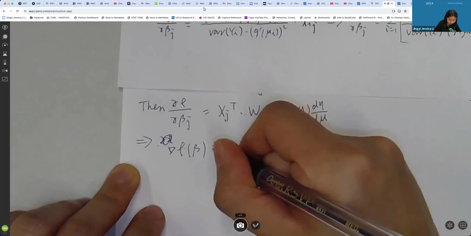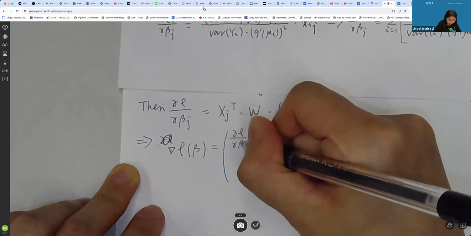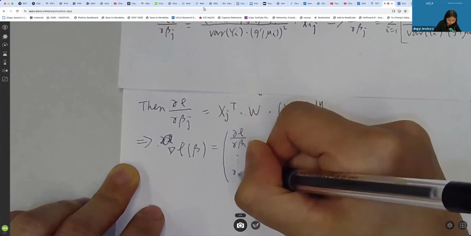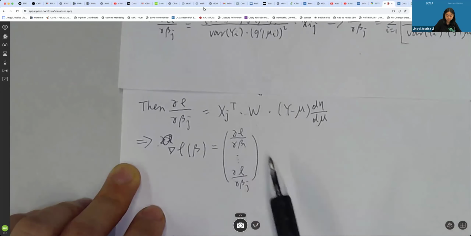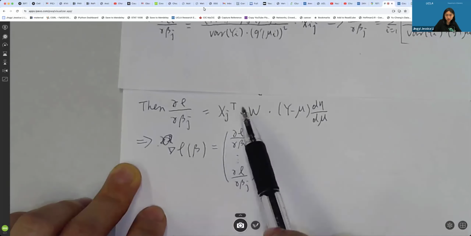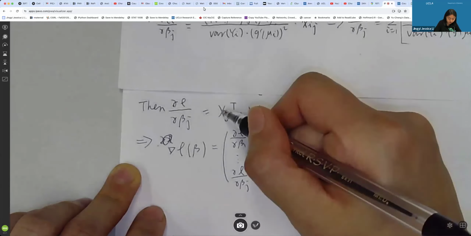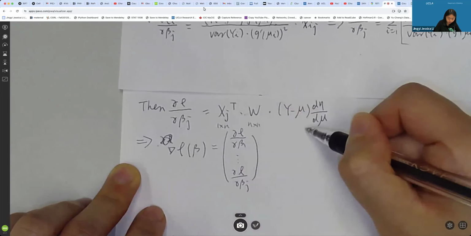Remember the definition: partial L partial beta 1, up to partial L partial beta p. The reason I write the inner product in this way is like xj transpose. Xj transpose is 1 by n, W is n by n, and this is n by 1.